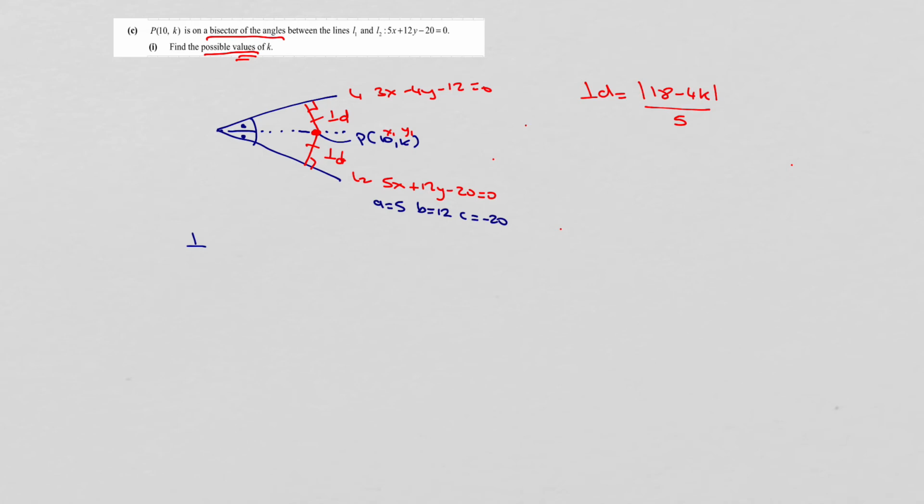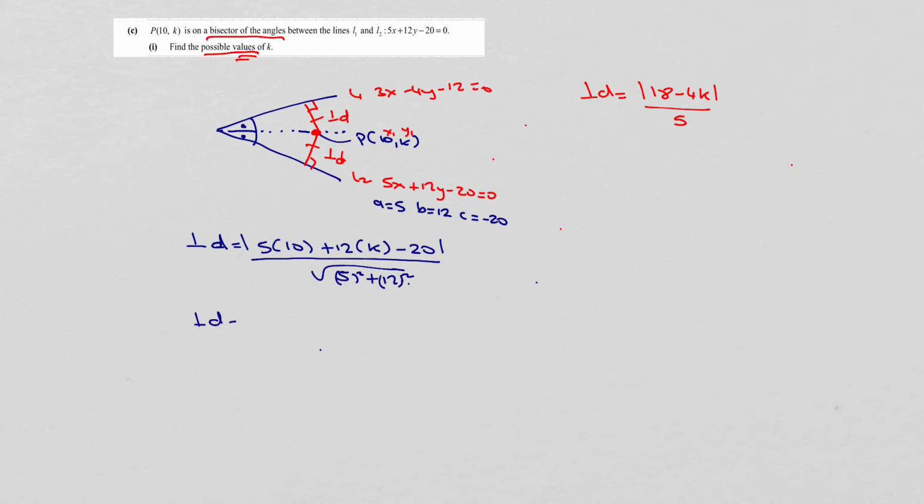So if we're putting that into, again, our perpendicular distance formula, we have A times x1 plus B times y1 plus C all over the square root of A squared plus B squared.